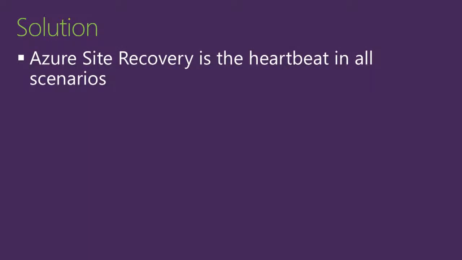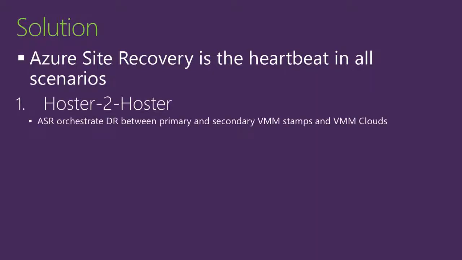It's the umbrella, so that no matter what scenario we are aiming for, we are able to use a consistent experience to enable this. For the hosted to hoster, we are dealing with multiple VMM management stamps and VMM clouds. We use Azure Site Recovery to do the orchestration and also a level of automation here, as I will show you.